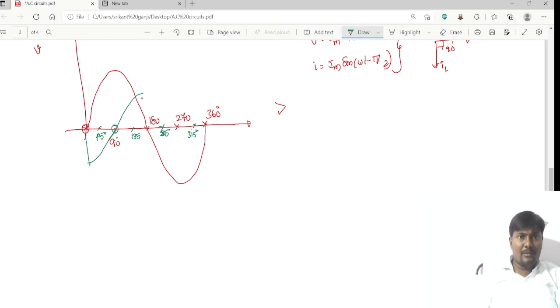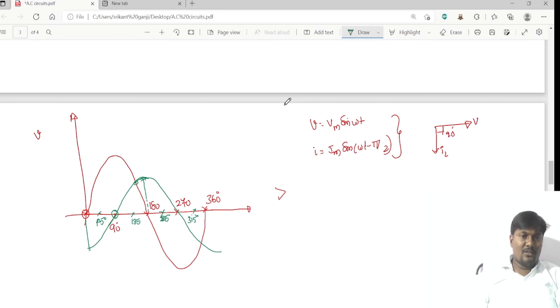At 180 it will be maximum. This is 180 degrees. At 270 it will be 0, and at 360 it will be negative maximum. The waveform is like this.